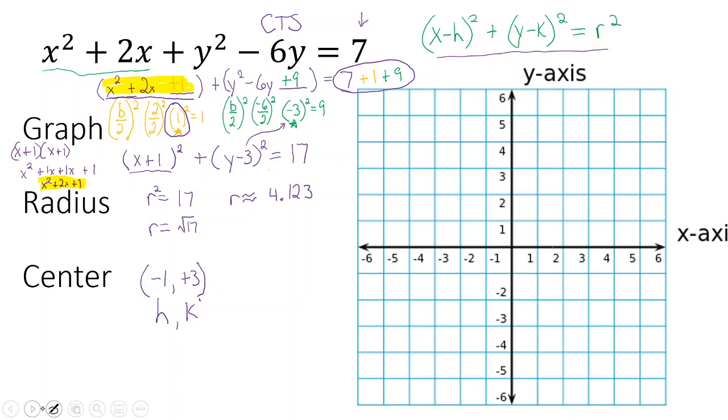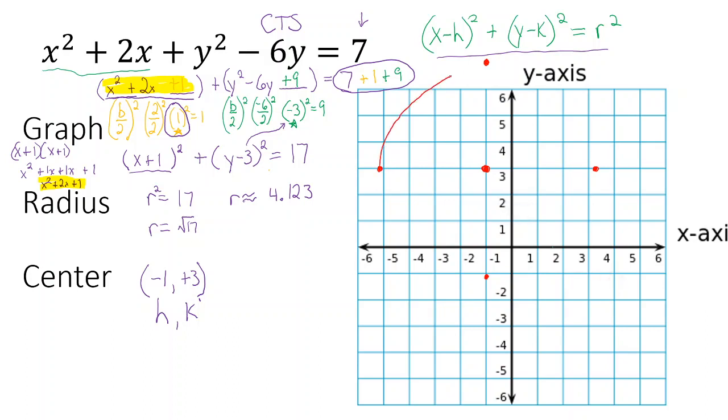But anyways, when it's time to graph it, we're going to go first to our center, which we decided was at -1, 3. And then my radius is about 4.1, so I'm just going to go a little bit past 4 units.